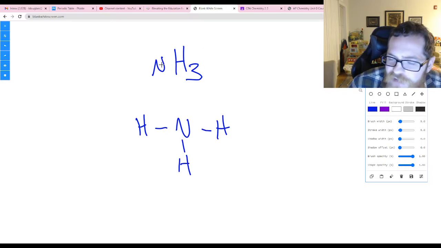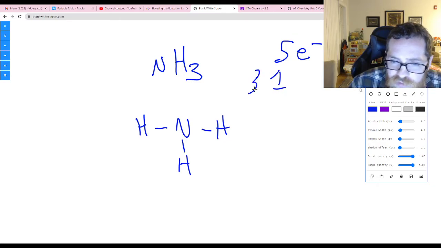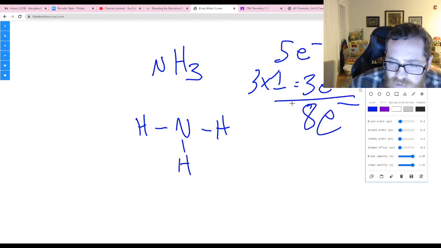So each valence electron of each atom is going to be what's making up the electrons we work with, without any more or less. Nitrogen is in group 5 on the periodic table, so it has 5 valence electrons. And hydrogen is in group 1, so it has 1. 3 times 1 equals 3. We have a total of 8 electrons to work with.